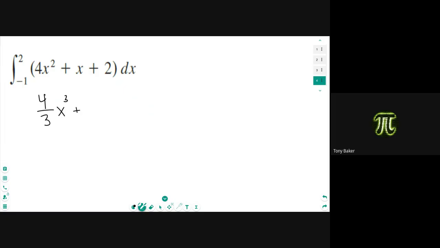Yep, x squared over 2. And integral of 2? Thank you. And then we're going to evaluate it from -1 to 2.